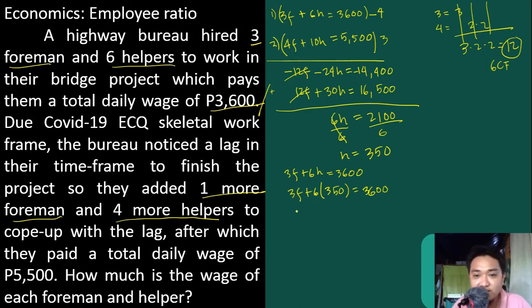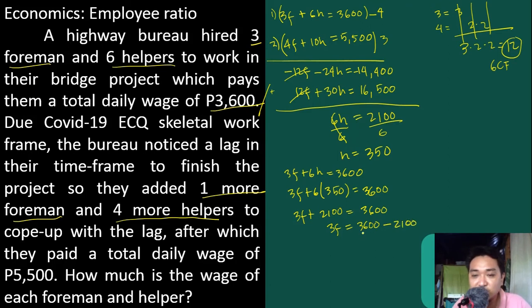Now, 3F, copy 3F plus 6 times 350 is 2,100. That is equivalent to 3,600. Now, let us transpose this to the other side kasi meron siya doong kaparehong term, ano? So, ang maiiwan na lang dito is 3F is equivalent to 3,600 minus 2,100.